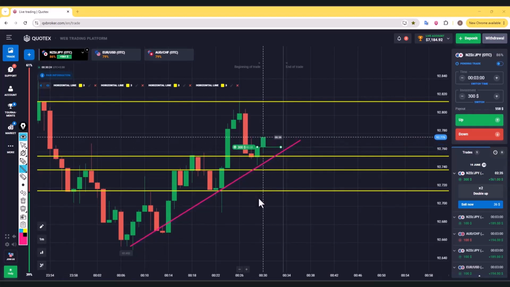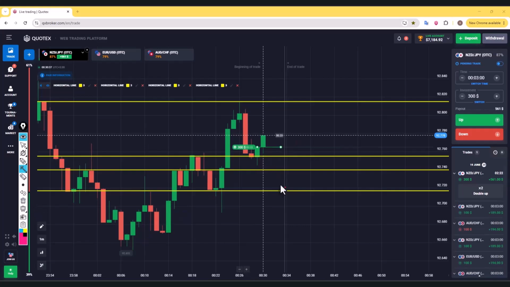Look, right here, a clear upward trend has formed, and the price has gone up from this point. It has now returned to this level, and as you can clearly see here, we saw a bullish green candle that formed right above our level.